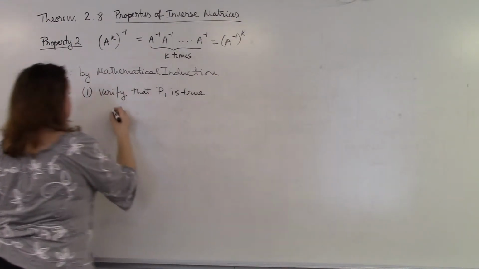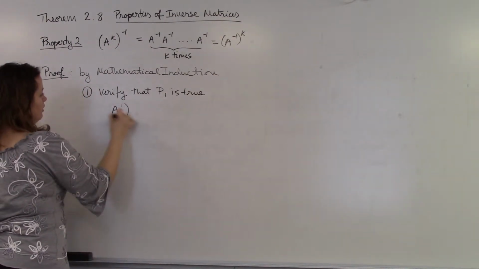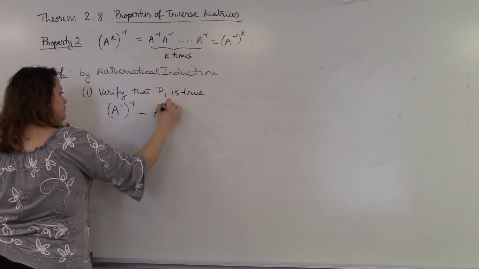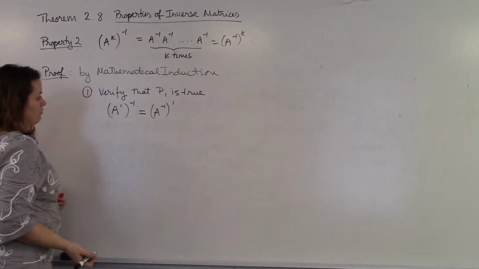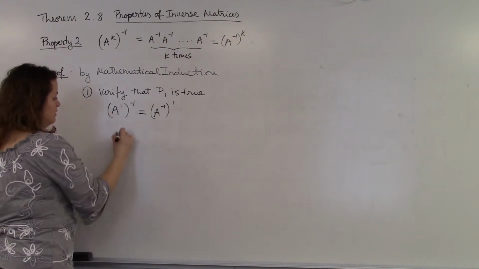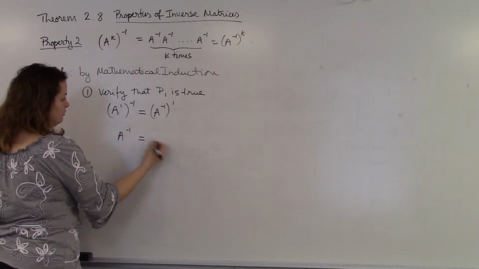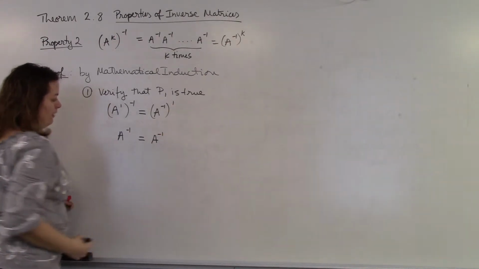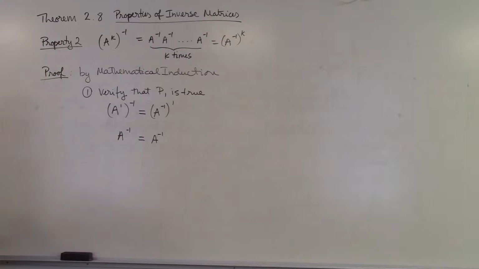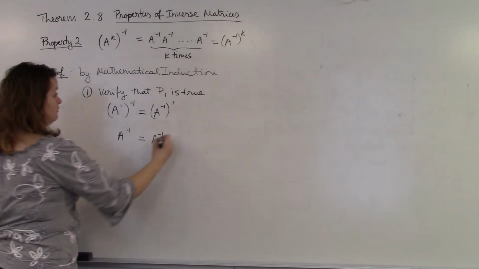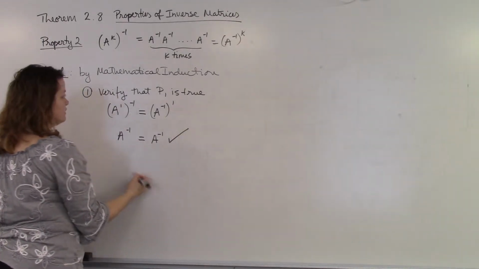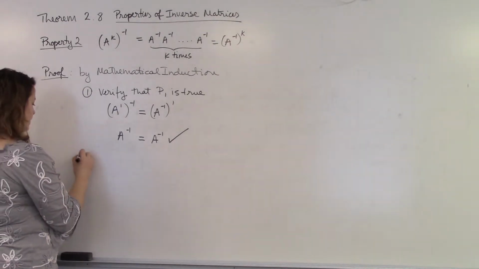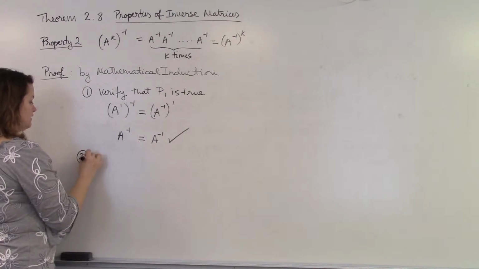That means A to the first power inverse is equal to A inverse to the first power. Well, A to the first power is just A, and anything to the first power is itself. So this is immediate, and the statement is true for k equals 1. I verified that.